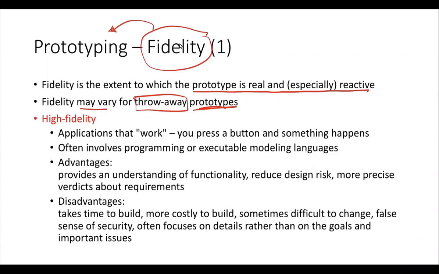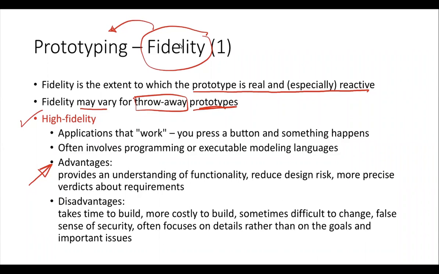We could either have a high level of fidelity, in which the application that works is very close to the real system. Often it involves programming or executable modeling languages. Those prototypes are really close to the real system.